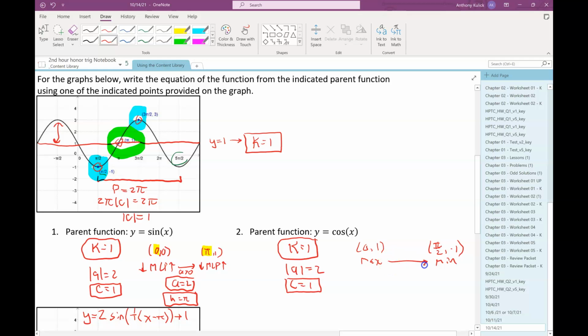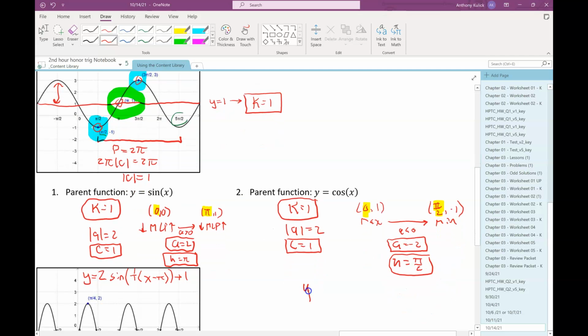Since we're going from max to min, that tells me the A needs to be negative because they're not the same type of extreme point, they're opposite. And because the x-coordinate from my parent function is 0, the x-coordinate from my transform function is my h. And I got everything I need.